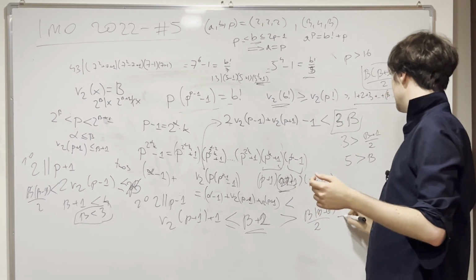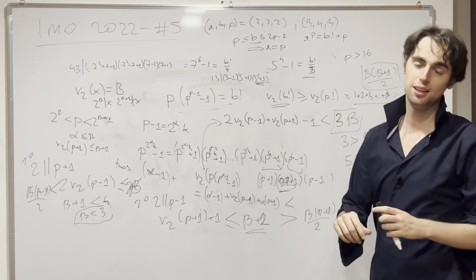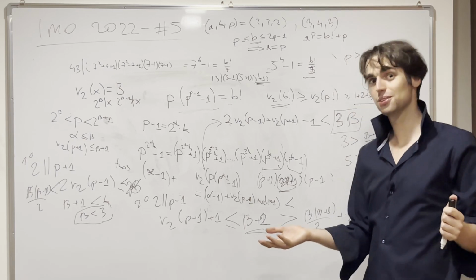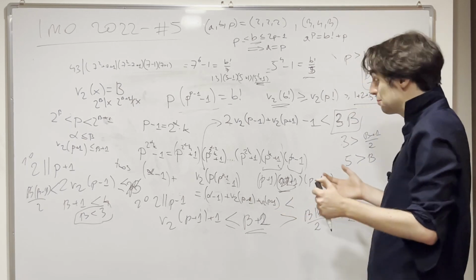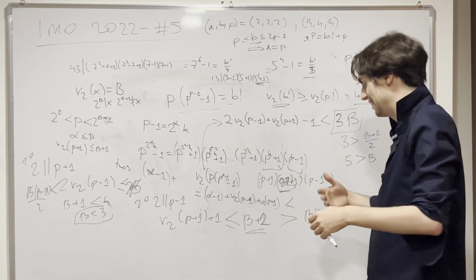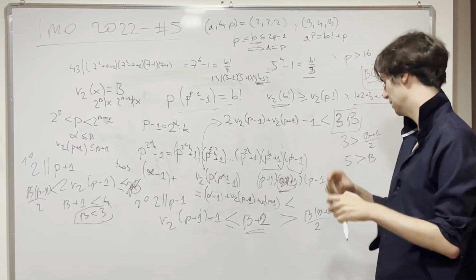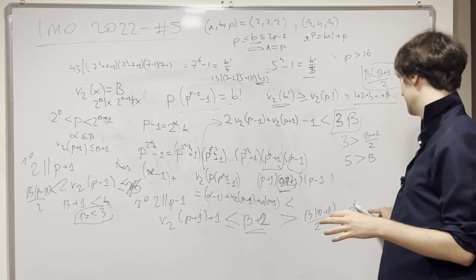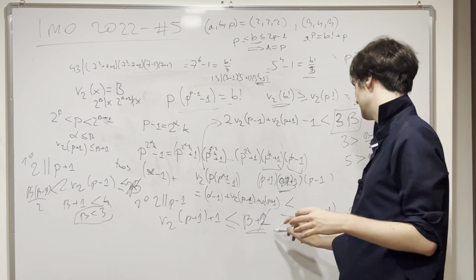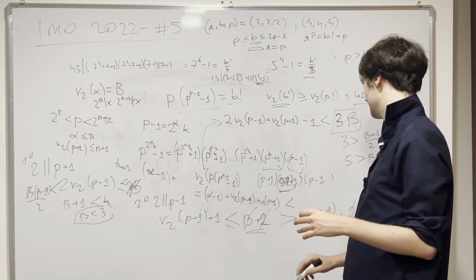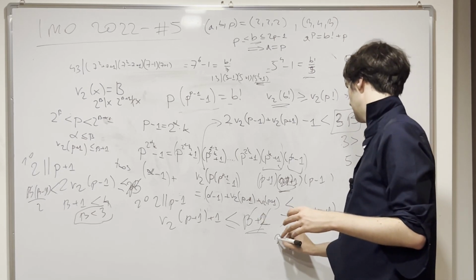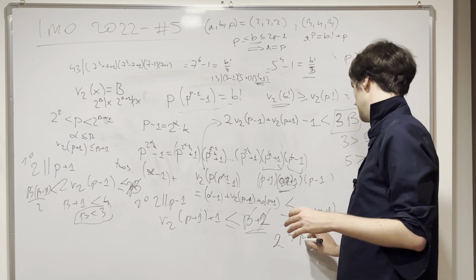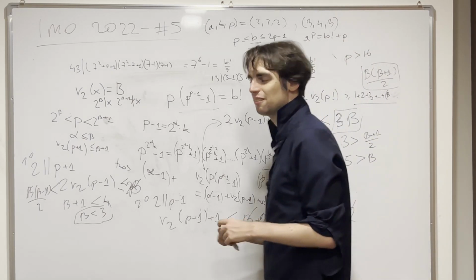So I have at least this plus 2, because I haven't counted my 12. I only counted my 6 and my 10, and not the 12. So this needs to be the case. In other words, the betas cancel out, and I'm left with 2 needs to be greater than beta plus 1. And I've dealt with this case as well.